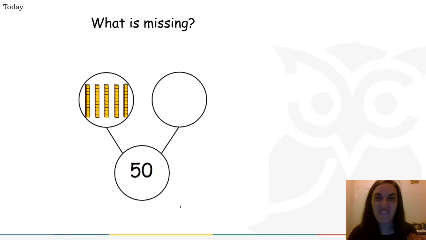What is our whole now? The whole is 50. What part have we got already? Remember that the yellow sticks of Dienes blocks, our base 10, are tens. We've got 5 tens, which is 10, 20, 30, 40, 50.